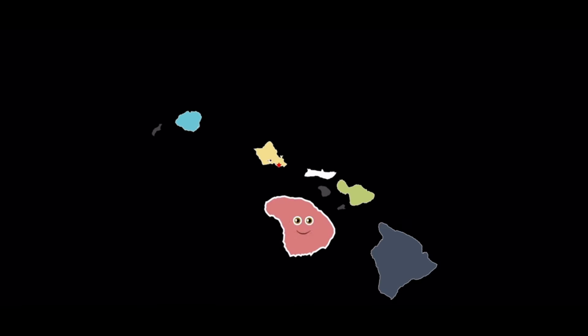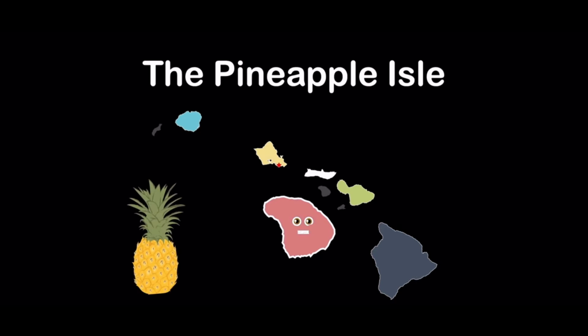Also called the Friendly Isle, to visit me is such a treat. I wanted to say hi, my name is Lanai. I'm the 6th largest island and over 3,300 feet high. I also go by the name of the Pineapple Isle.